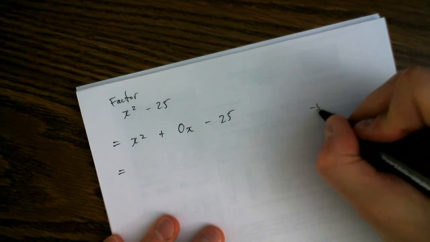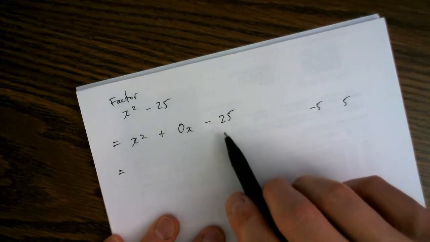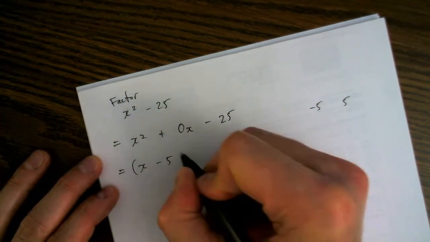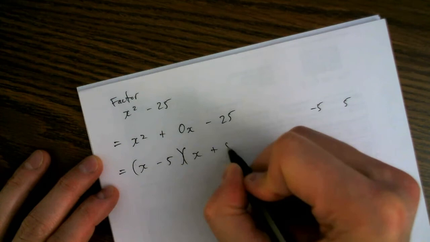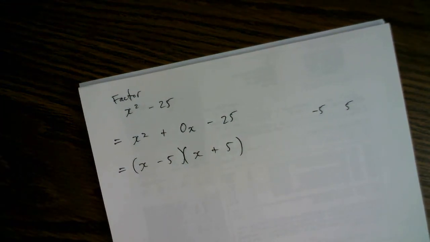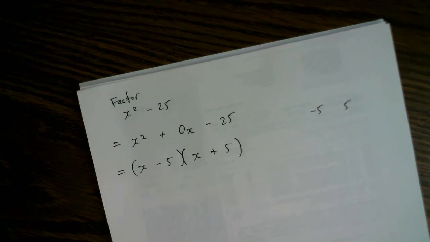So negative 5 and positive 5 multiply to negative 25 and add to 0. And you can do a check to make sure that's correct.